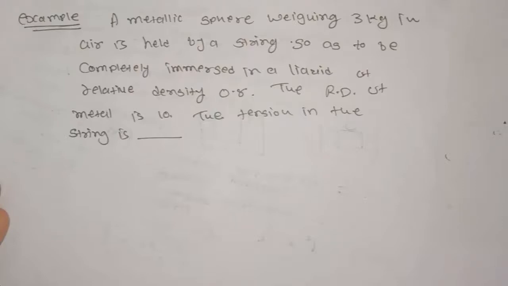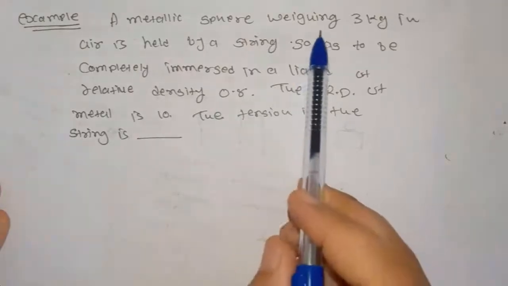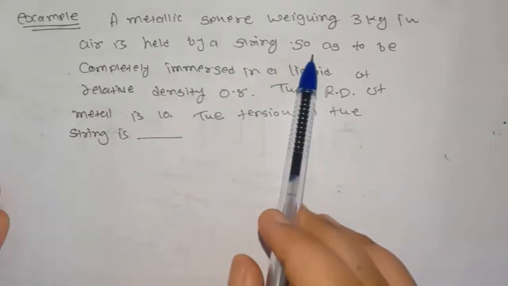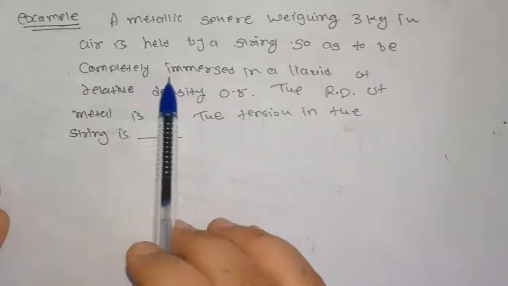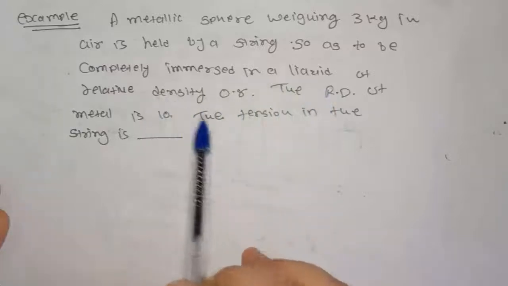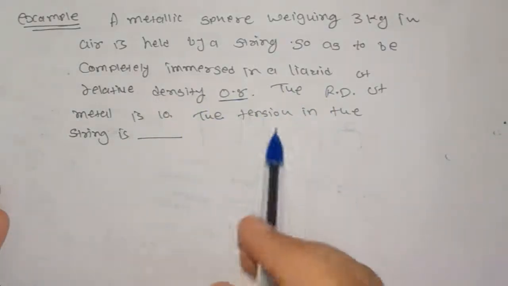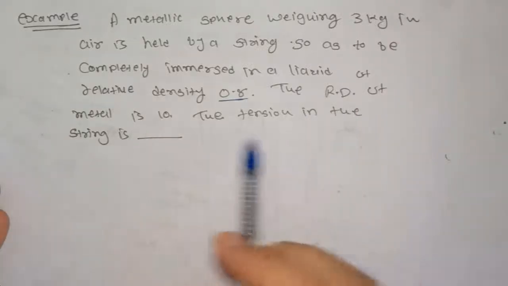In this example, a metallic sphere weighing 3 kg in air is held by a string so as to be completely immersed in a liquid of relative density 0.8. We want to find the tension in the string.